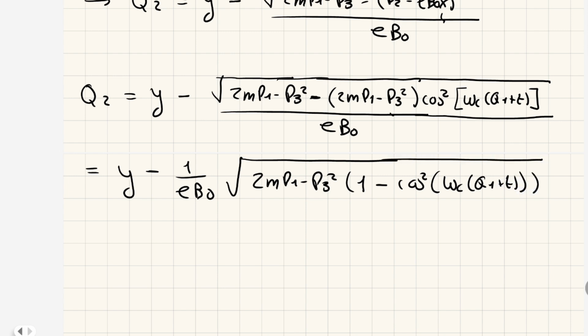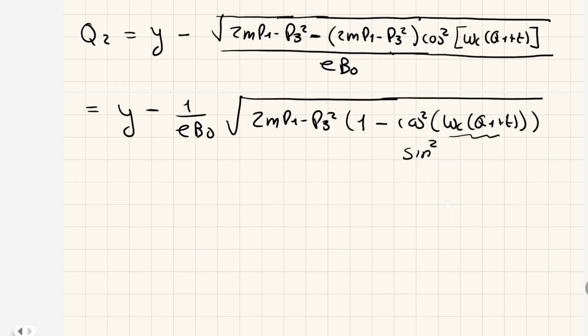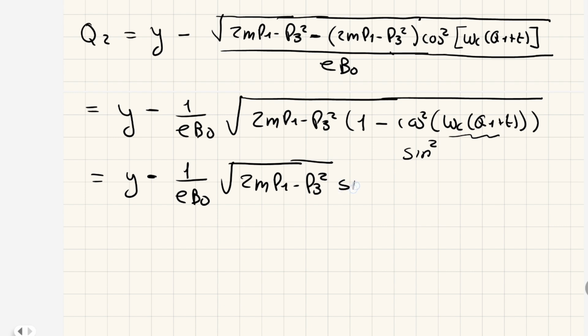Of course, this will be sine squared of all this, and then if we take the square root, we only get a sine. So we will get that this is y minus 1 divided by eB0, the square root of 2mP1 minus P3 squared, sine of omega c q1 plus t.